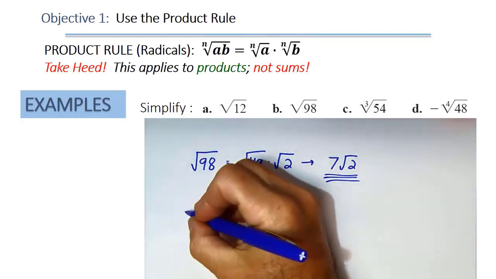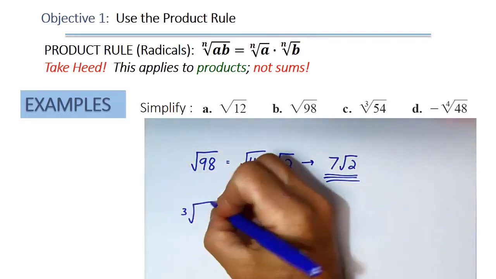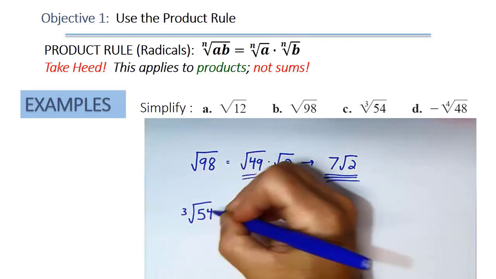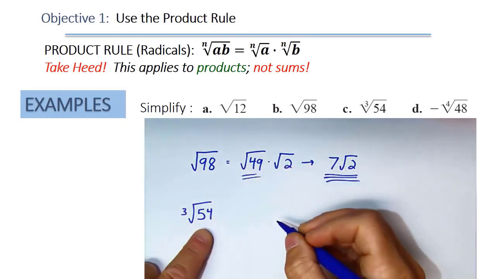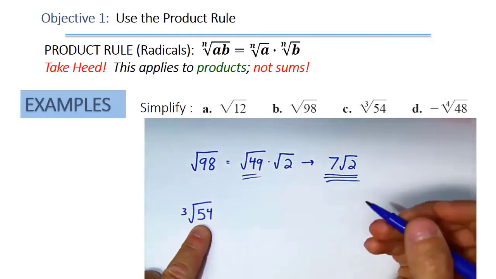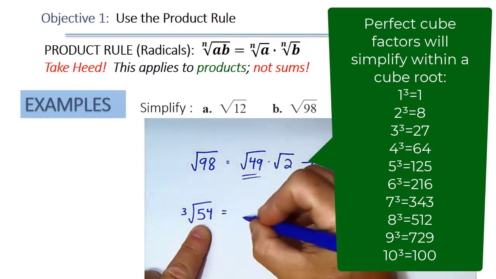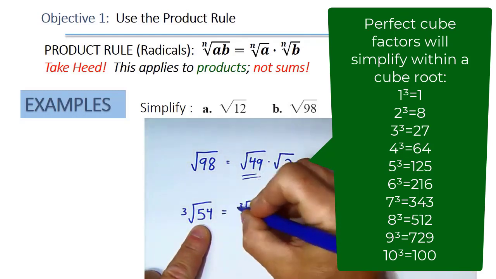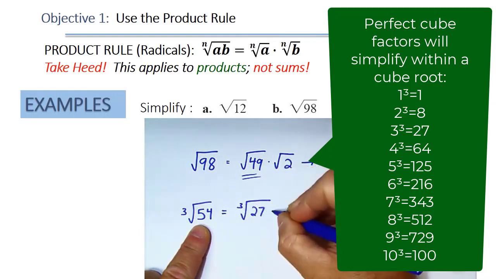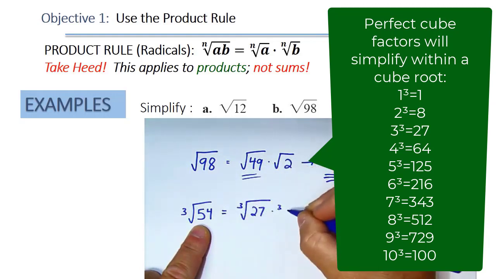Now that works with other types of roots too. The cube root of 54. Well, now we're looking for any cube roots inside the factor of 54. So the cube roots like 1, 8, and the one we want is 27. So we would rewrite that as the cube root of 27 times what's left over?